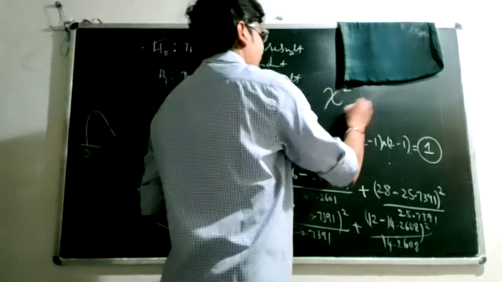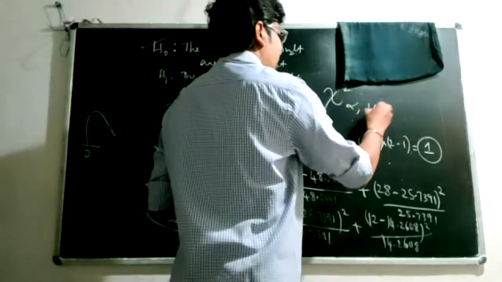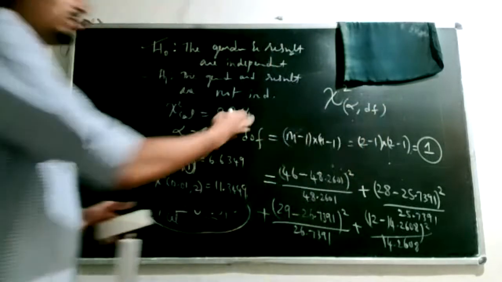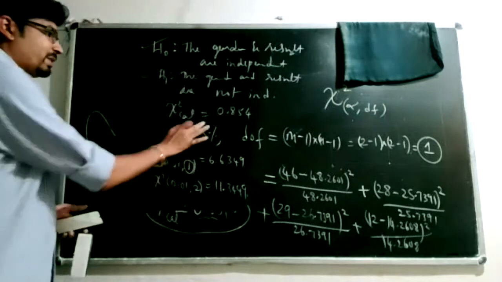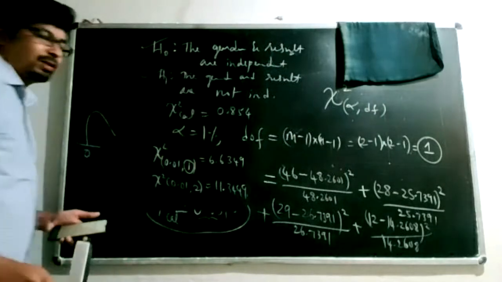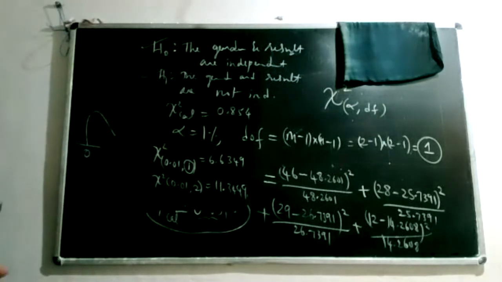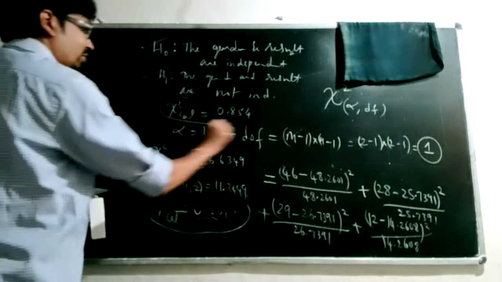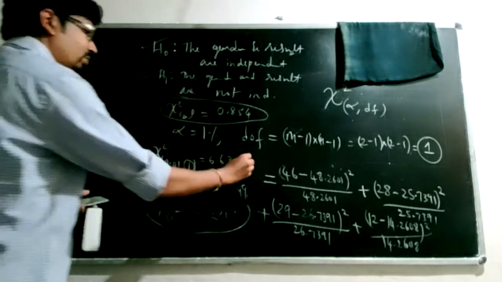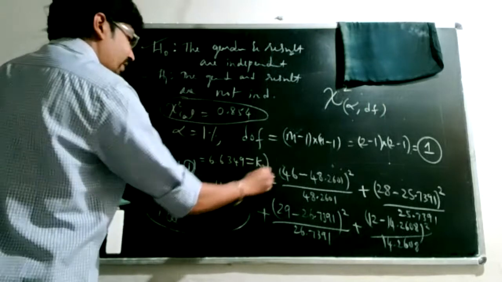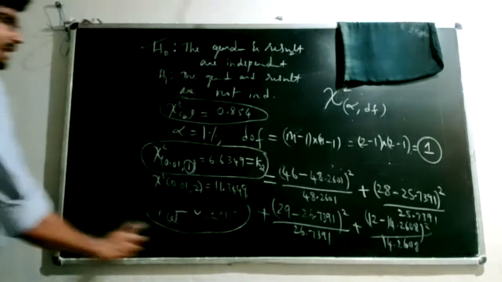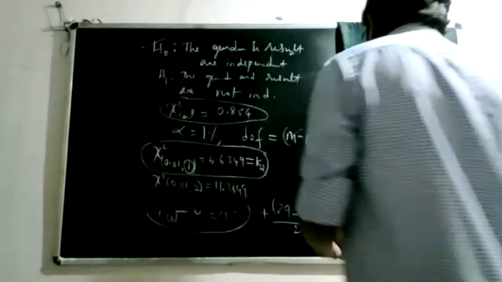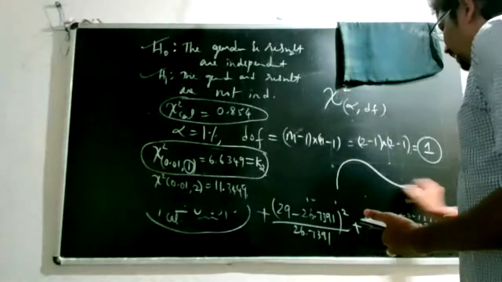I'll give chi-square alpha comma degrees of freedom, or degrees of freedom comma alpha. They have given the table value for 1%, so I'll take alpha as 1% and I'll conclude. What do we have? We have observed value as 0.852, and our table value, which we generally call chi-square, is this, and our observed value is far below the table value.